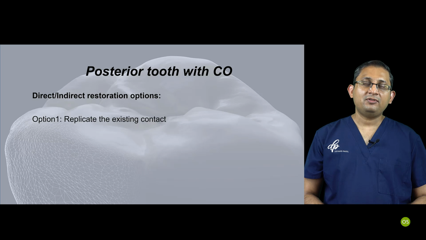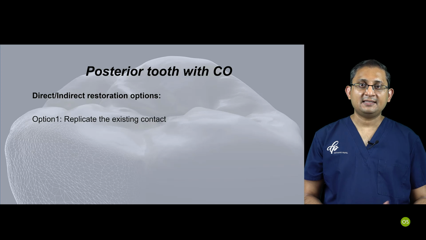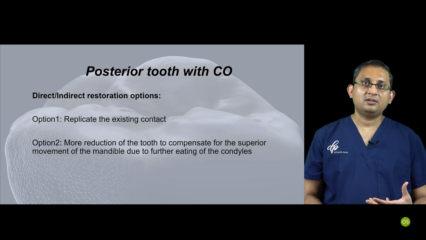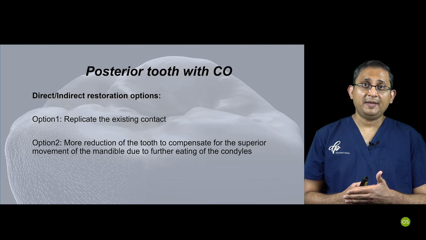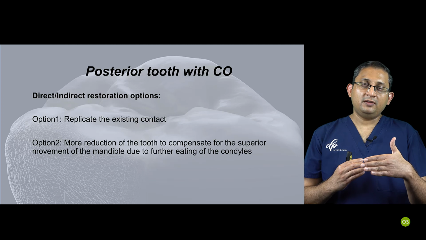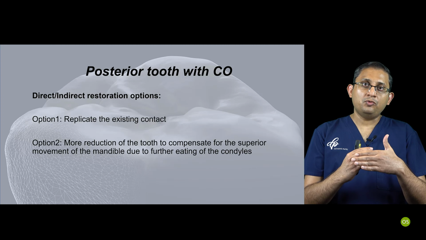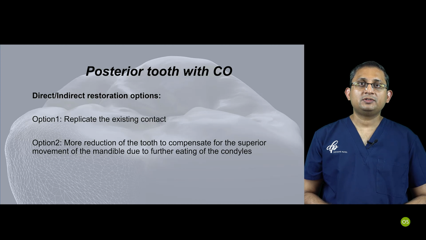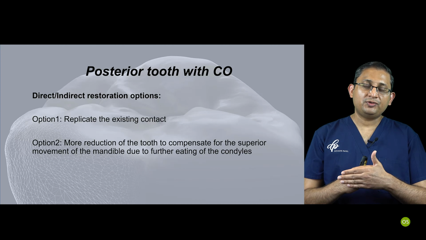If you have the chance to reduce the slide, you can take this as an opportunity and do a little bit more reduction on the 7, because you will lose the space. When you remove the crown, the jaw will close a little bit more, and that will cause the space to reduce.